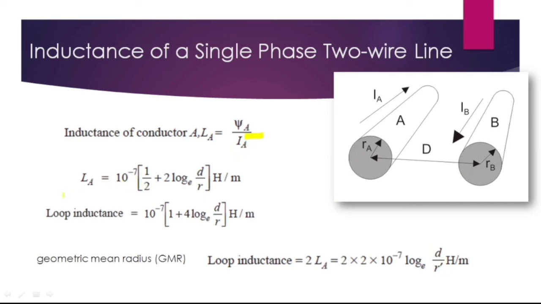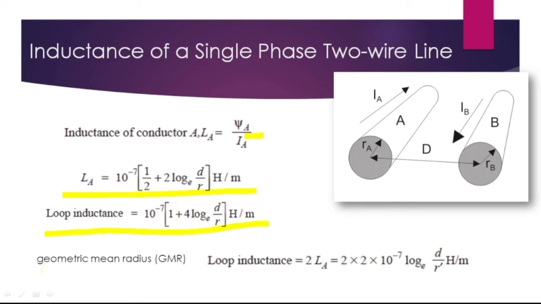That produced value is LA is equal to 10 to the power of minus 7, 1 by 2 plus 2 log d by r base C Henry per meter. And the loop inductance, that means you are adding the 2 here, that is 10 to the power of minus 7, 1 plus 4 log d by r base C Henry per meter.